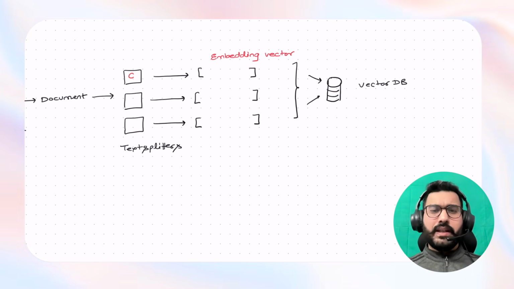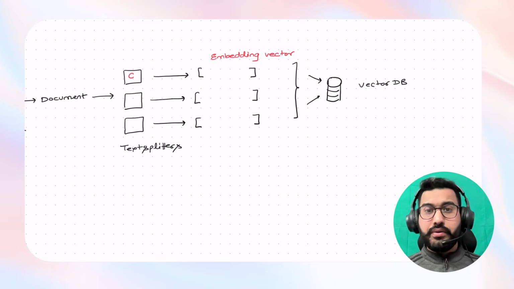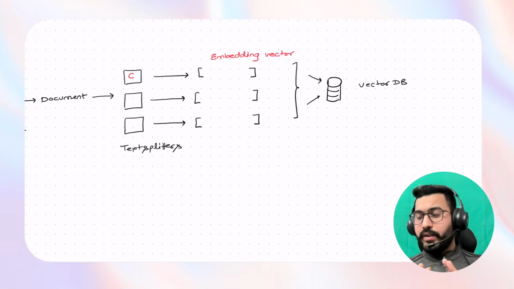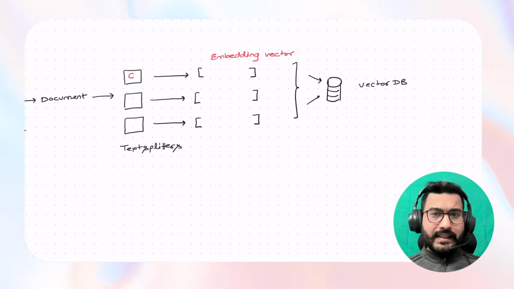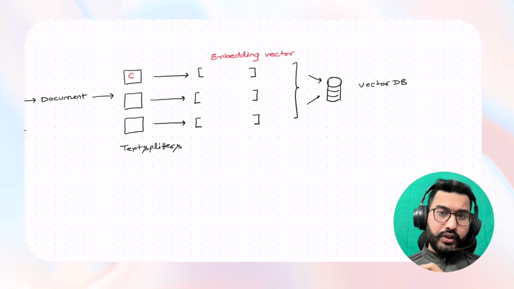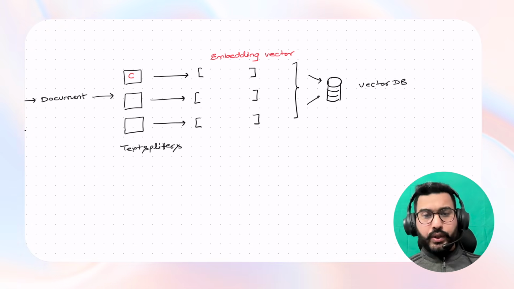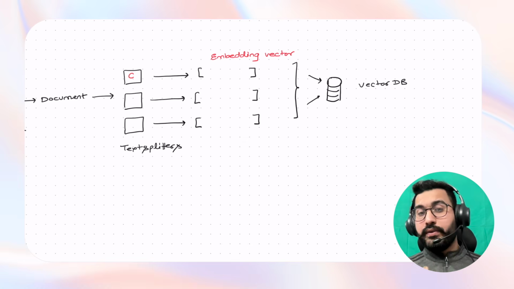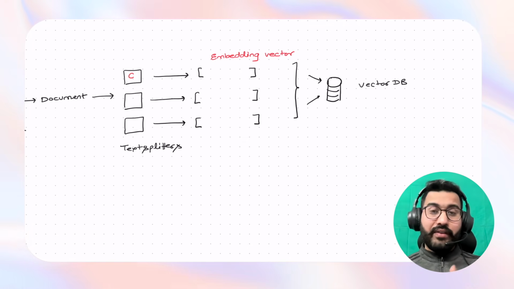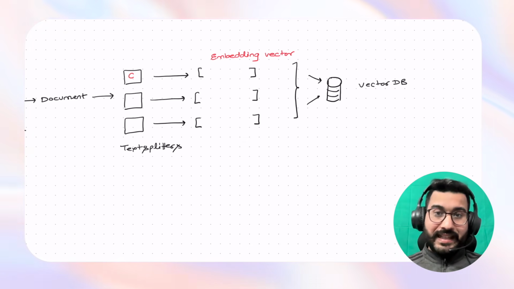A vector database is very similar to the database concept that you would have learnt about. The only difference is that these vector databases are fine-tuned and were created to make sure that NLP engineers are able to preserve the embedding vectors in a database.